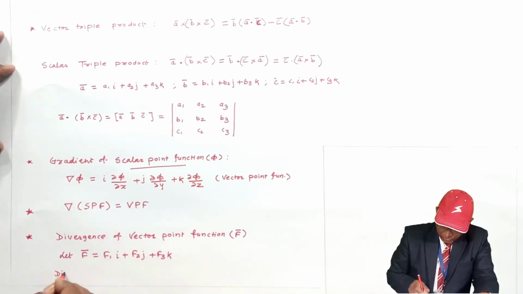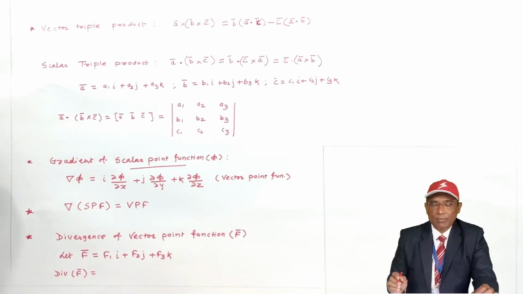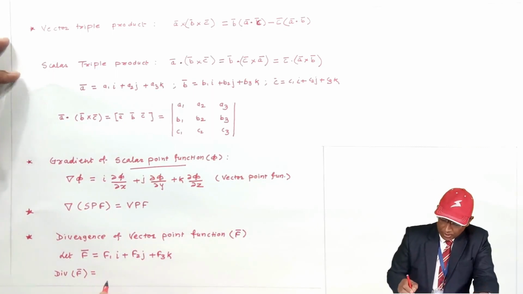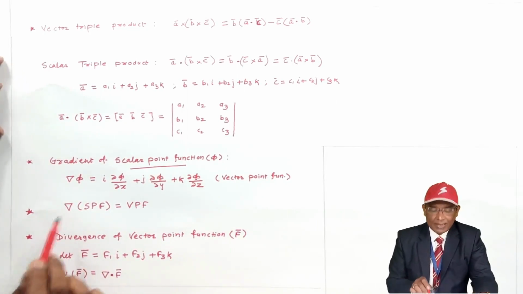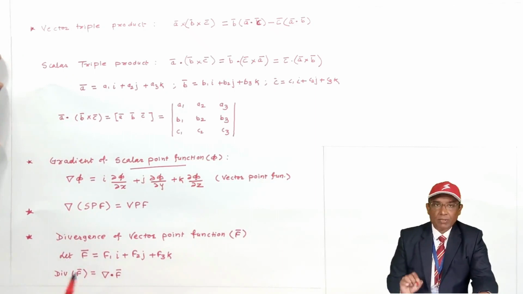Let f bar be a vector point function. In terms of components I am writing f1i, f2j, f3k. Divergence of f bar, in short, you can write div of f bar, or you can write del dot of f bar. Simply, del is gradient, del dot is divergence.